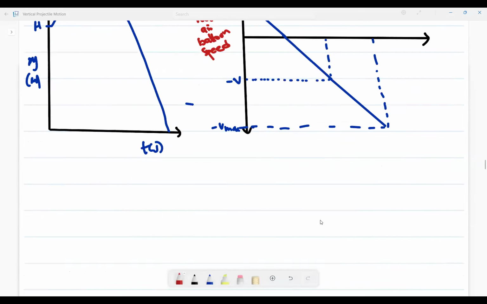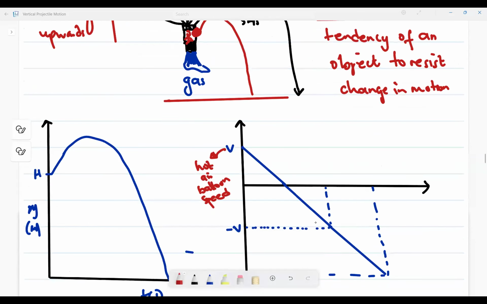Now, what I want you to take note of is that the slope, or rather the gradient, of the velocity time graph is your acceleration, which is your g, and it is negative 9.8 meters per second squared.